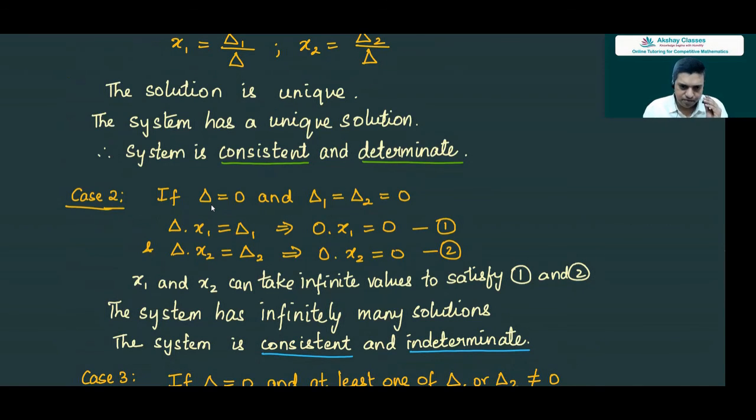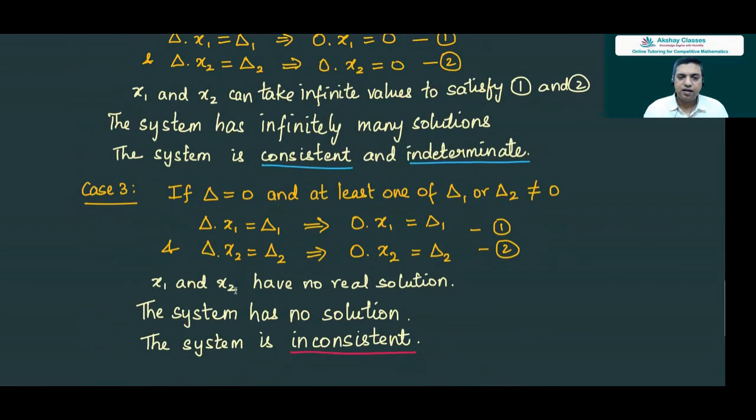Then the system is consistent and indeterminate. It has infinitely many solutions. Last one, if the determinant of the coefficients is zero, but at least one of the other determinants is non-zero, then the system has no solution. It is an inconsistent system.